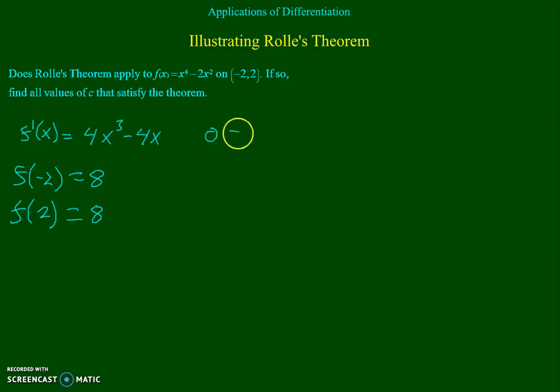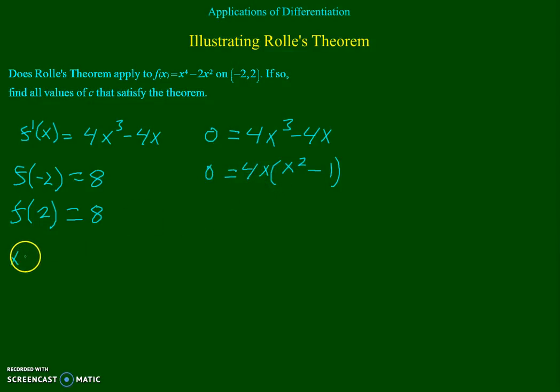So 0 equals 4x to the third minus 4x. We can factor out a 4x here. So 4x times x squared minus 1 equals 0. By the zero product rule, we know one of them is 0.